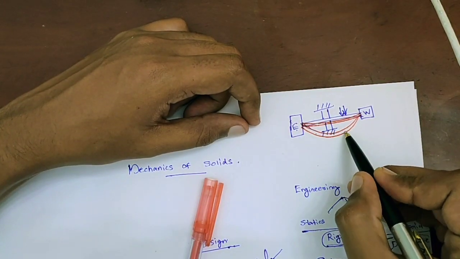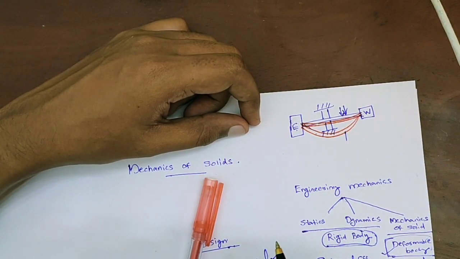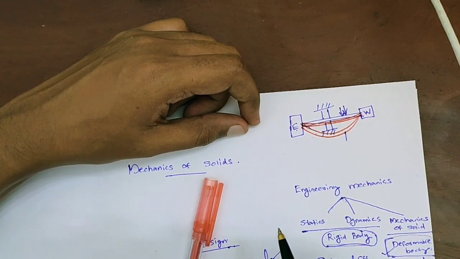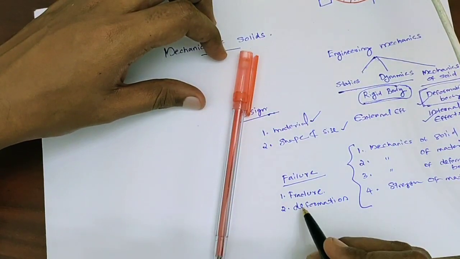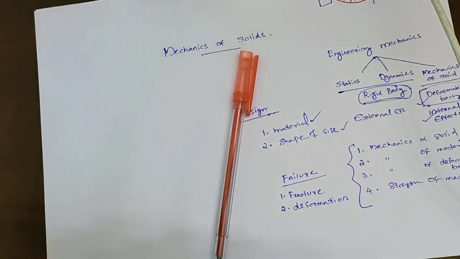So severe deflection of the shaft is a failure, because it cannot do its intended function. Severe deformation can also be treated as a failure of a member.